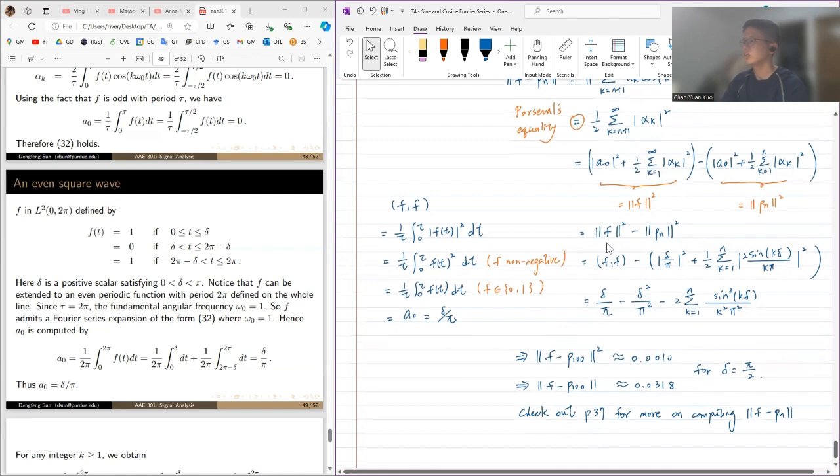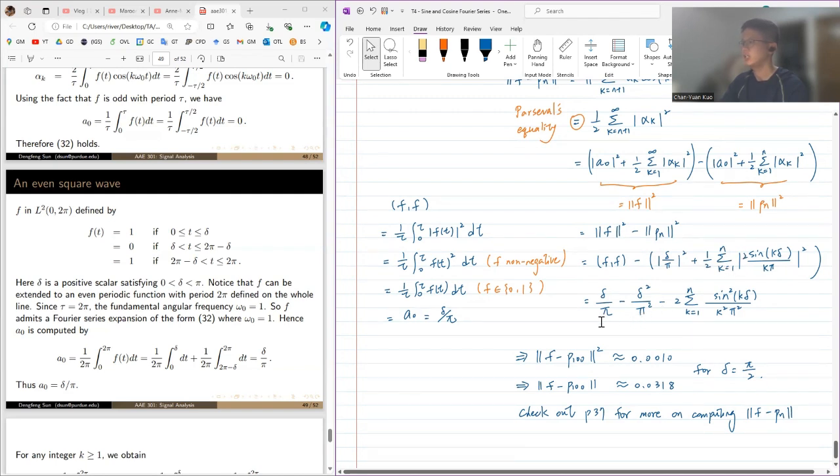So here, the total power of f is going to be the inner product of f with itself. And after some computation, you will see that this will equal delta over pi. As for the total power of the approximation, we can again apply Parseval's equality, and you will see that it's going to equal the square of the absolute value of delta over pi plus 1/2 times the summation of the square of the absolute value of 2 times sine of k delta over k pi, and k is from 1 to n.